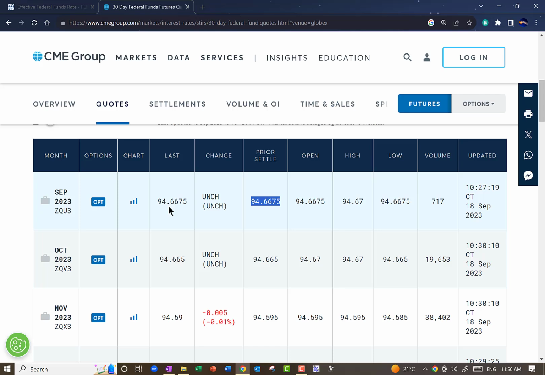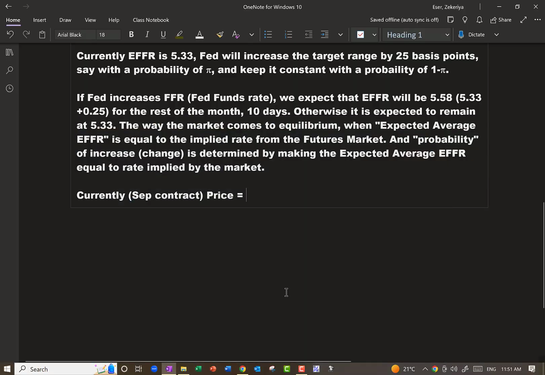We could also look at the October contract since there is no meeting in October. That means if the rates are increased, all 30 days we expect EFFR to be at 558. If they are not increased, we expect them at 533. But for now, we're going to do it for a month with a meeting.